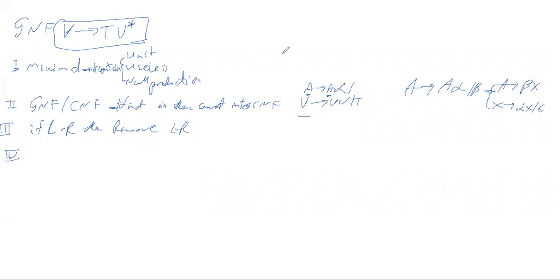So we need to now identify the productions which are not in GNF. Because after that step, don't worry about simplification, don't worry about left recursion. After the third step, the entire grammar will be in normal form, which is either in GNF or CNF. Now identify the productions which are not in GNF.